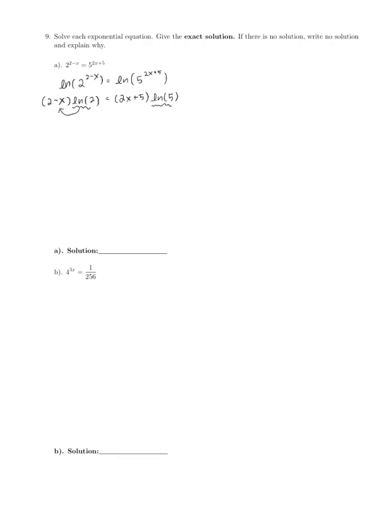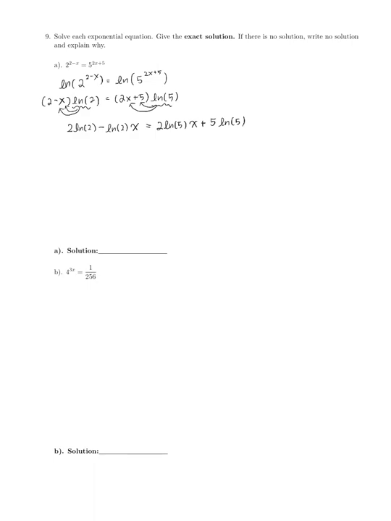I'm going to distribute this constant to each term, also this constant to each term. Then what we're going to get is 2 times ln of 2 minus ln of 2 times x equals 2 times ln of 5 times x plus 5 ln of 5.